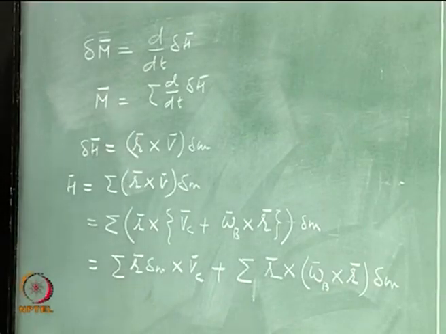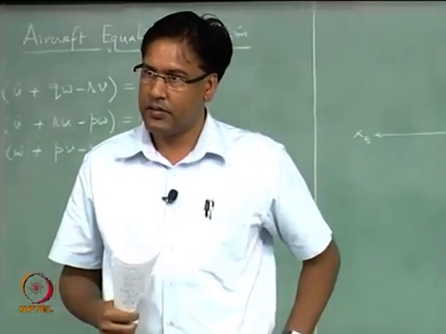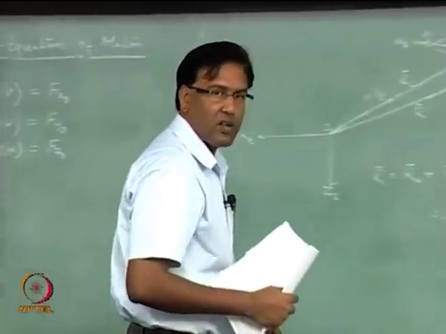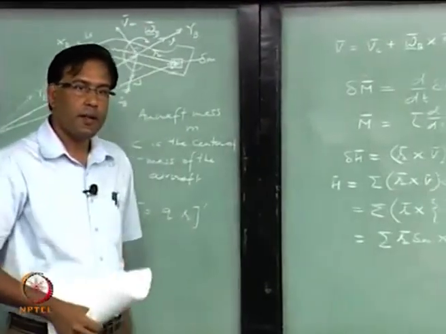Now, as long as you are following this much, it is all right for this course. For any detailed explanation or mathematical description, you can go back to your classical mechanics course. You would have done a course in mechanics, right.